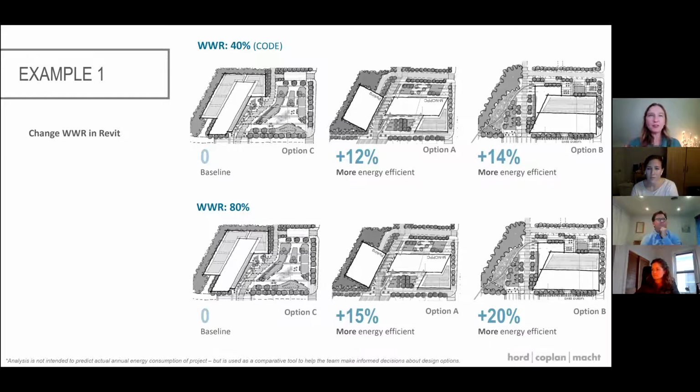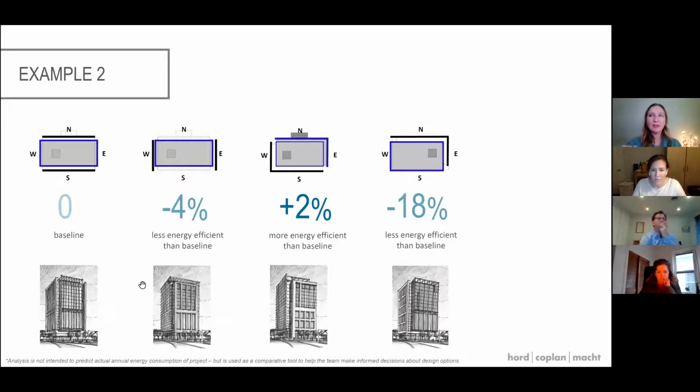It's so much easier to go back to Revit, change that one default in Revit, and then resend those 3 schemes to Insight. And then you can compare them with different window-to-wall area ratios. So any questions there? I have a couple other examples to show, but I just wanted to stop there if you had any questions thus far.